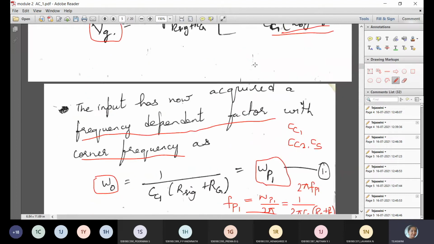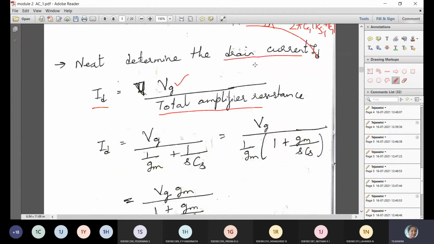But according to this, the drain is grounded. So you know the T model. What is the T model? How will it be? You have a current source, and you have a resistance. This is the source terminal. This is the drain, and the gate you will be having somewhere.